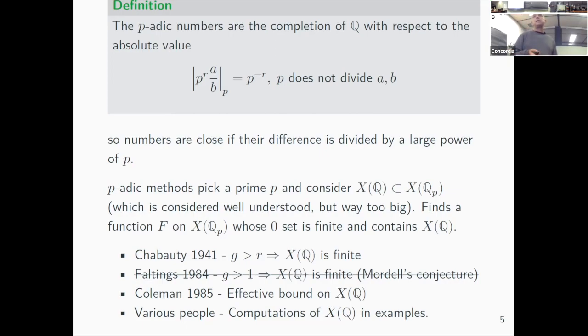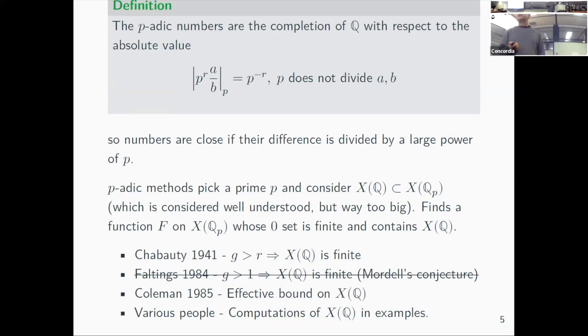But the difference is that this Chabauty method is effective and also quite computational. You can really get what the rational numbers are, whereas Faltings is completely ineffective.